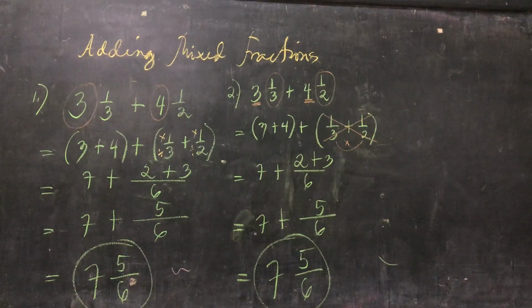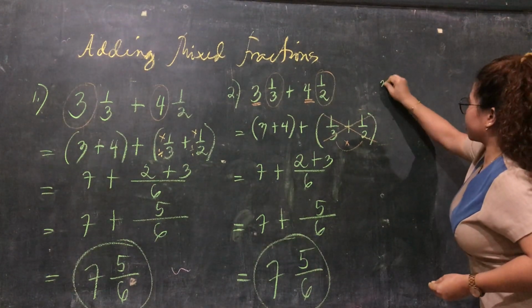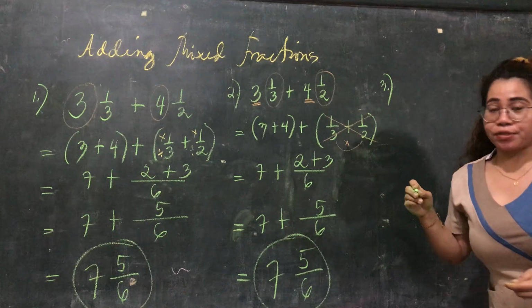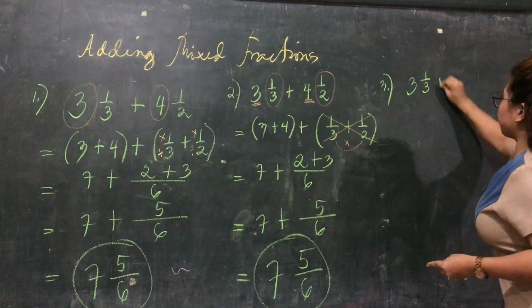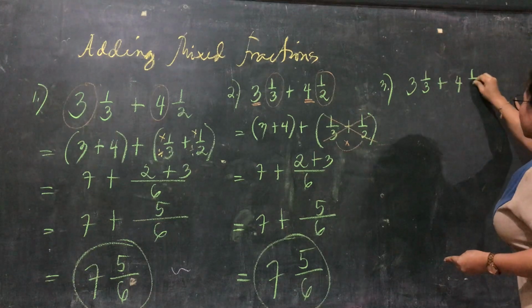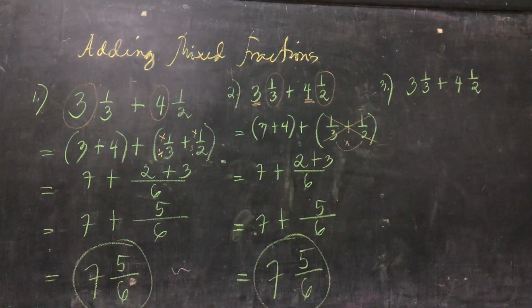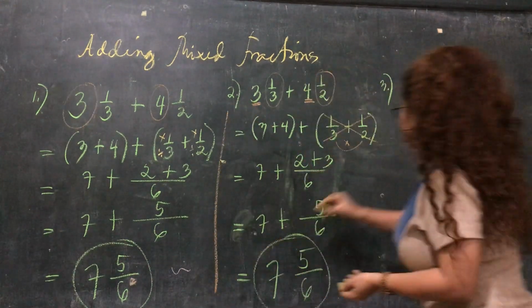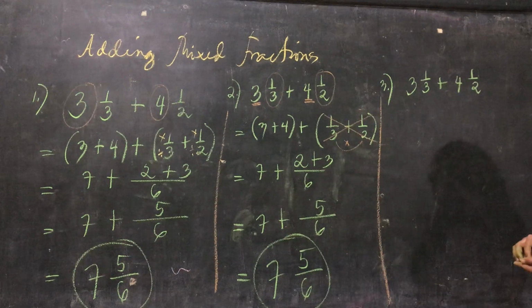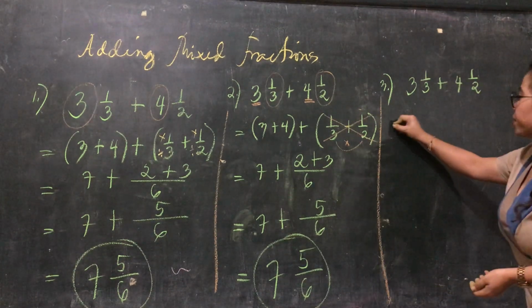The other way is like this. Same gihapon, pero lahi nga pamaagi. 3 and 1/3 plus 4 and 1/2. Let's group the whole numbers.